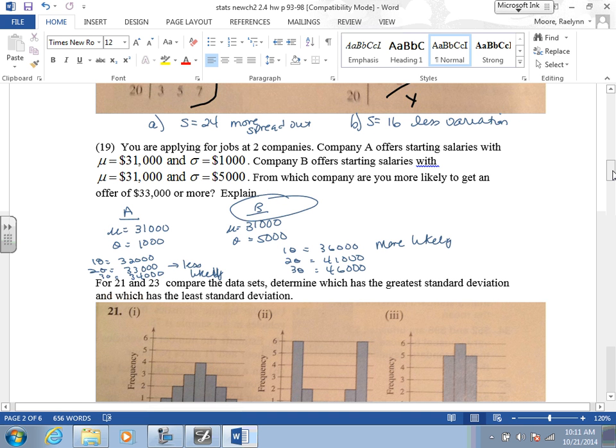One has a standard deviation of 1,000, so 32,000 would be one away from the mean. 33,000 would be 2 away from the mean. But for the guy with the 5,000, the 33 would be real close to the mean, wouldn't it? Real close to the average. So if you wanted 33,000, wouldn't you be closer to the mean for somebody that has a 5,000 standard deviation?